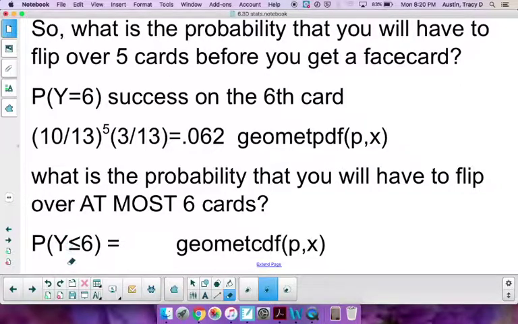So probability of y is less than or equal to 6, so I'll be putting in 3 out of 13, comma 6, with the CDF, is 0.79, so about a 79% chance that 6 is the most amount of cards you'll have to flip over till you get a success. Okay, these are not difficult. In fact, these are a little bit easier than binomial because there's 1 less variable to deal with.